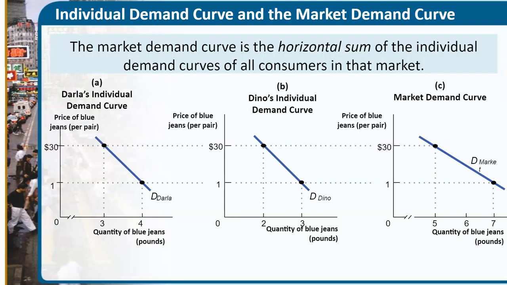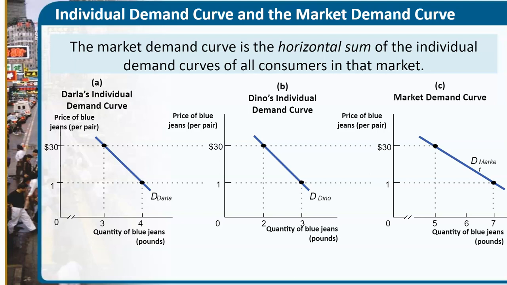So the market demand curve is horizontal when we see this in terms of the adding up of the individual curves. So think of this like A plus B equals C. And A plus B is really representative of all of the individuals in the marketplace that are demanding particular products at particular price points.